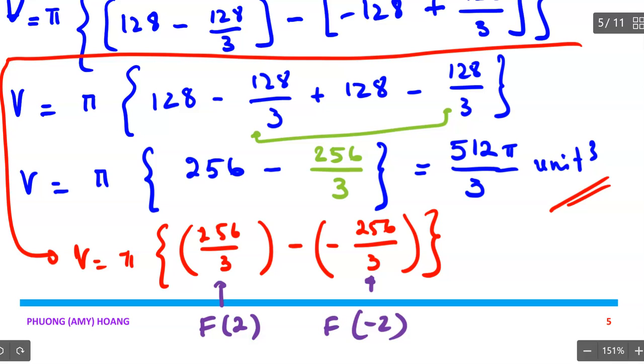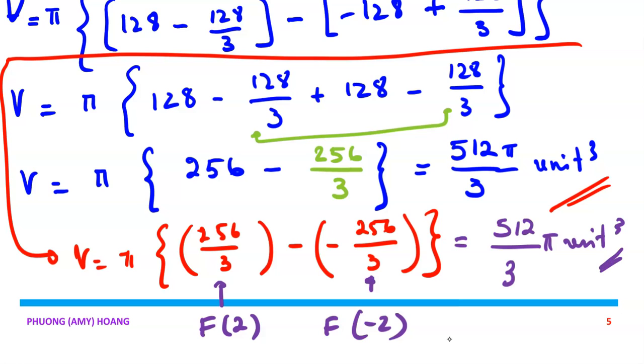Okay, so then f of 2 will be equal to 256 divided by 3, and then f of -2 will be -256 divided by 3, and you see this also gives the same value as 512 over 3 pi unit cubed.